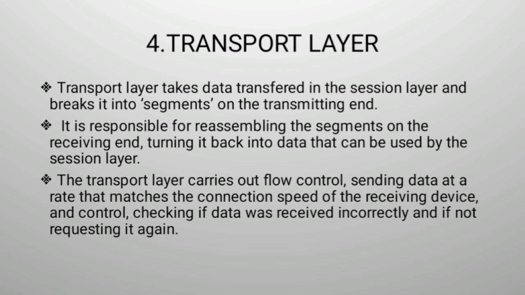The transport layer carries out flow control, sending data at a rate that matches the connection speed of the receiving device, and error control, checking if data was received incorrectly and, if not, requesting it again.